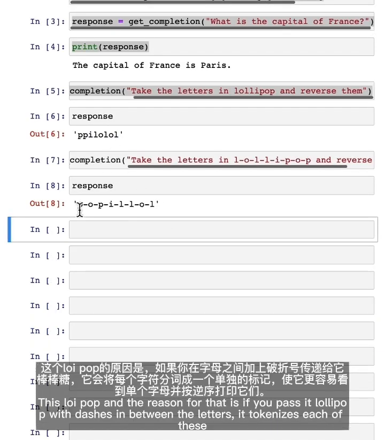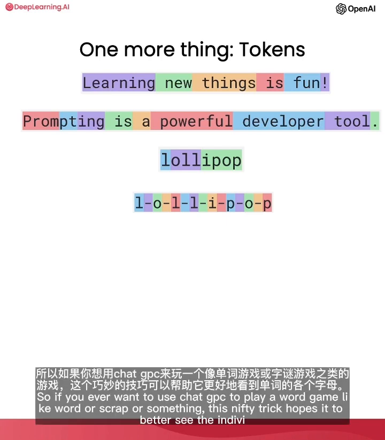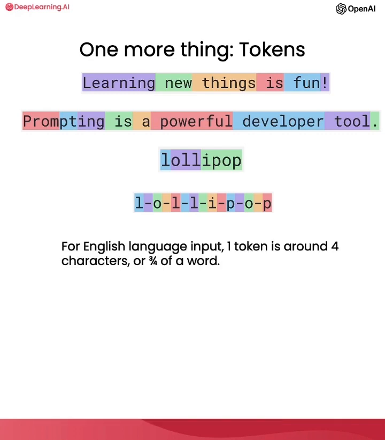The reason for that is if you pass it lollipop with dashes in between the letters, it tokenizes each of these characters into an individual token, making it easier for it to see the individual letters and print them out in reverse order. So if you ever want to use ChatGPT to play a word game like Wordle or Scrabble, this nifty trick helps it to better see the individual letters of the words.